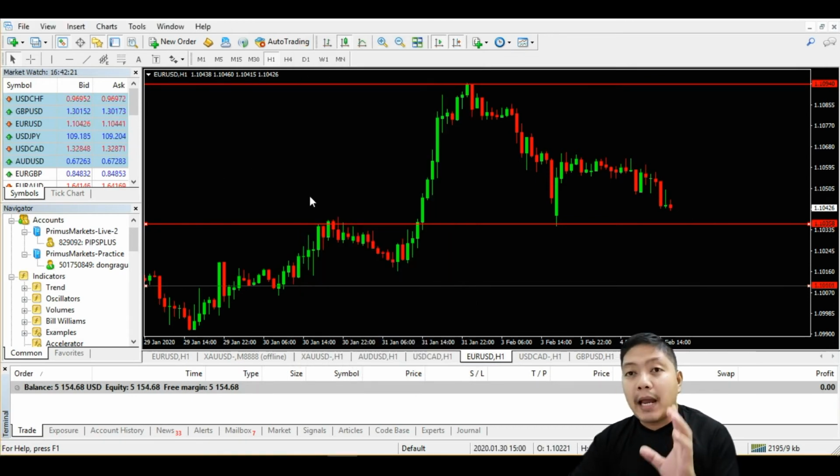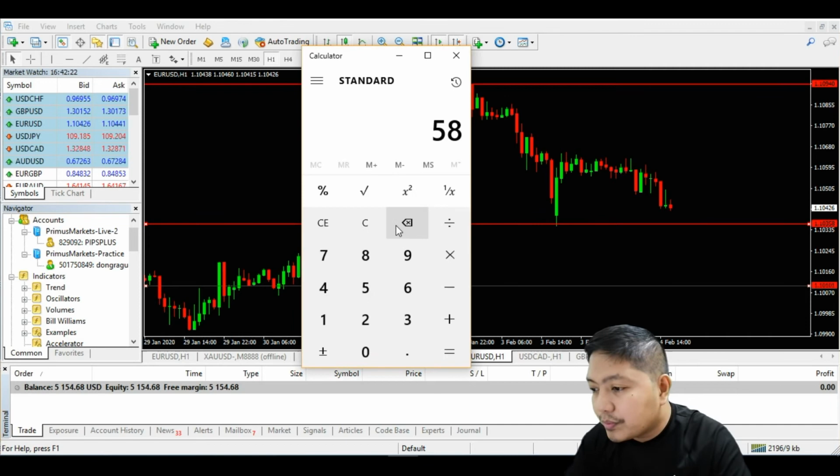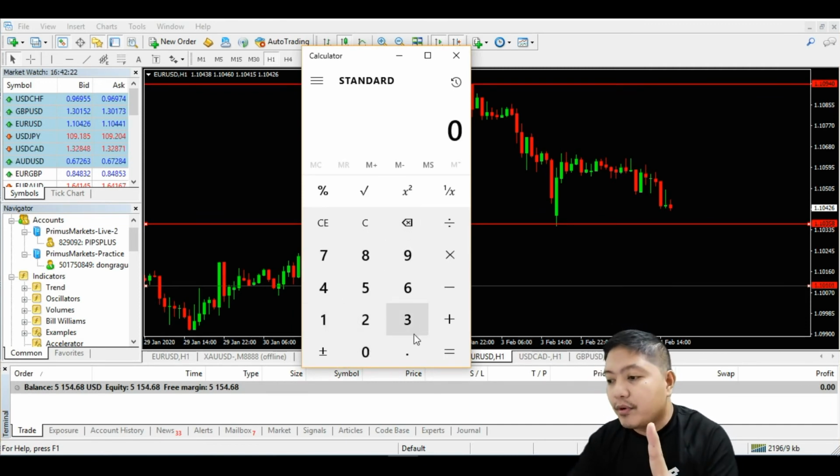If you will be using a standard lot, you just convert it. Let's say a standard lot is 1, and I'm going to use 1 lot here. My broker, FXPrimus, charges me $10 per pip for 1 lot, right?